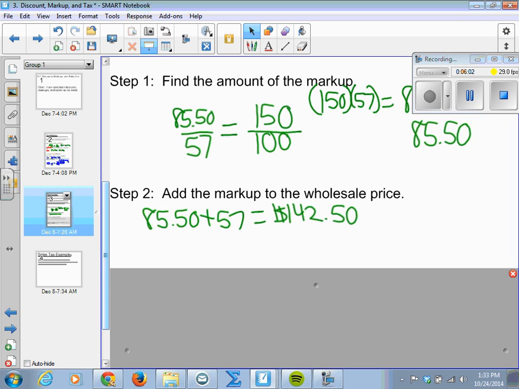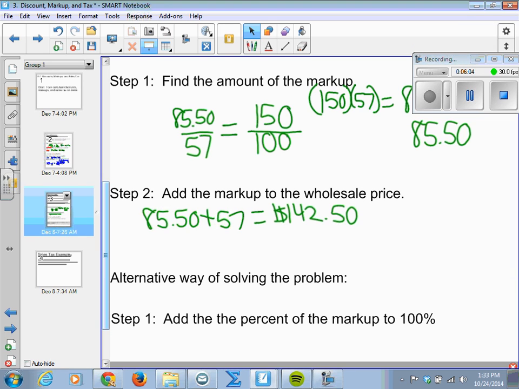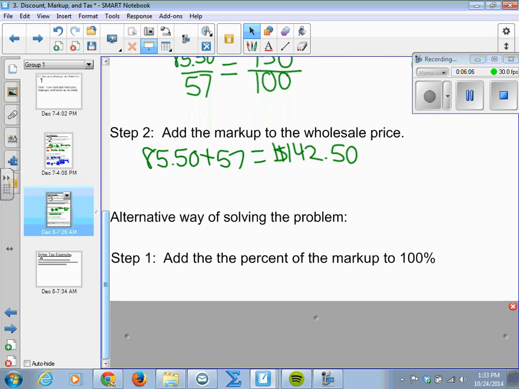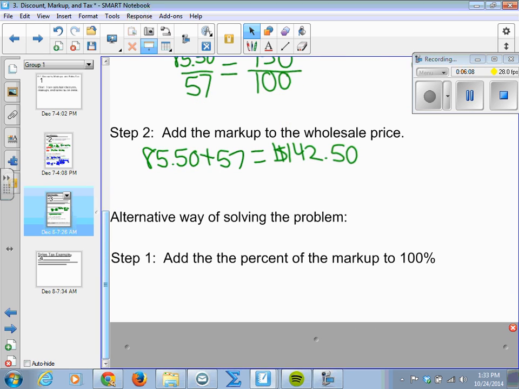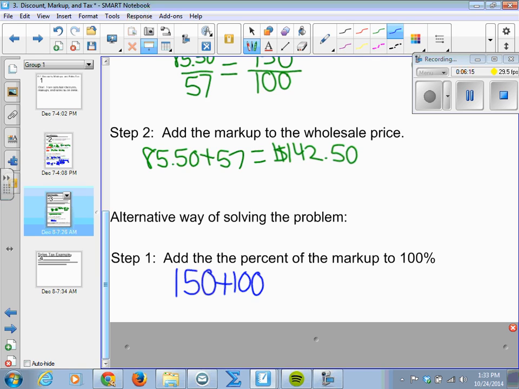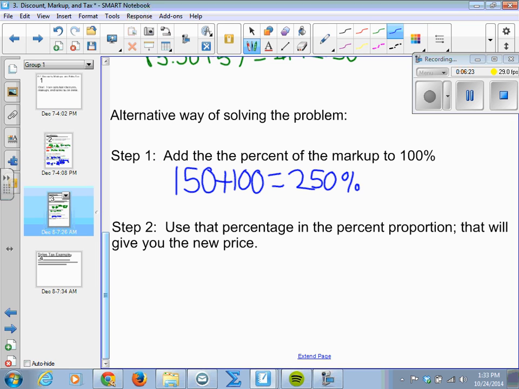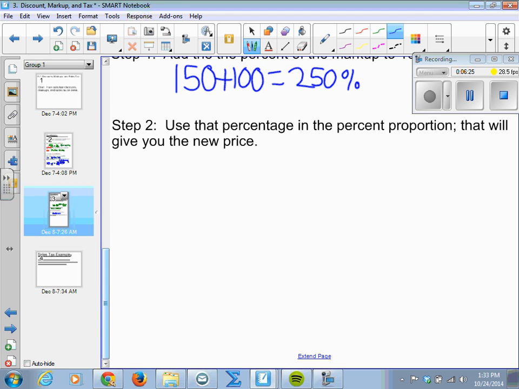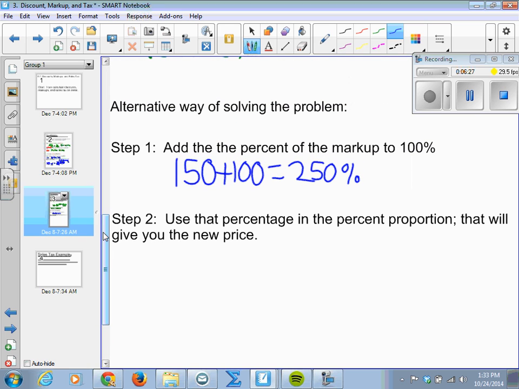Now, like with discount, there is another way of solving this. So instead of subtracting this time, we are adding the percent of markup to 100%. So we marked it up 150%, and that's 100, and we get 250%. And what we'll do, we'll plug this in to our percent proportion. And this will get us right to our price of $142.50. So proportion again, 100 always goes here, even if the number on top is bigger.